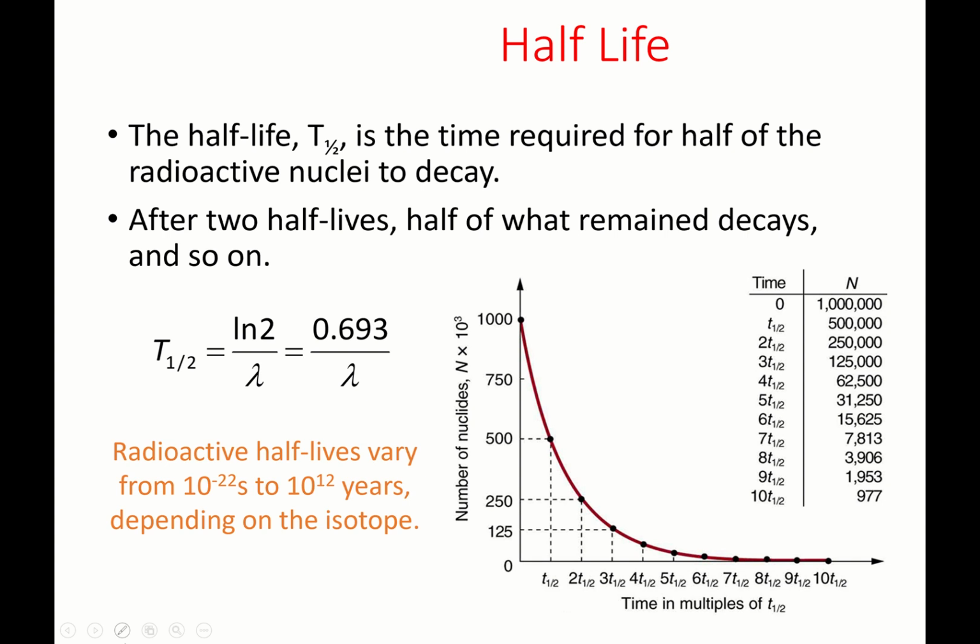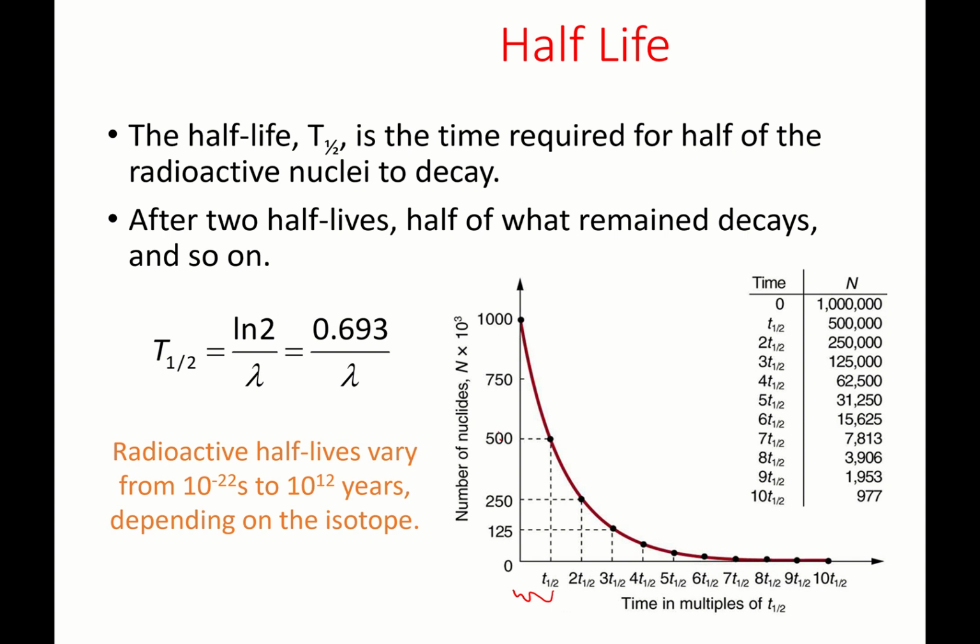So in the picture here, you can see we start with 1,000. When we get down to 500, that's one half-life. After two half-lives, we've decreased that 500 by a factor of 2 to 250. If we go another half-life, we decrease by another factor of 2, so that's 125. Every time we have a half-life, we have half as many particles as we started with.